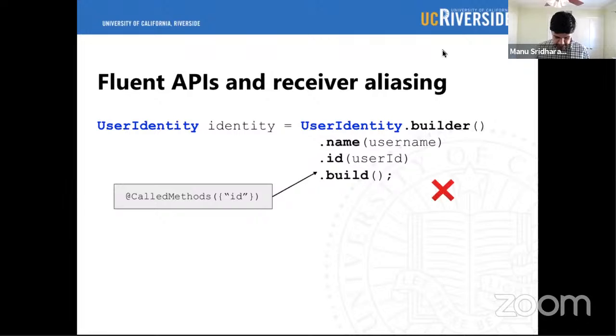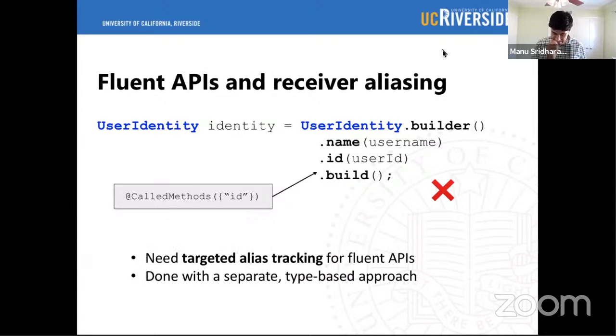And the main reason is that the tool doesn't know that the object being passed in to ID as the receiver is the same object that's being returned, right? That we're threading the same builder object through these calls so that we can accumulate all these methods on that same object. So we needed targeted alias tracking for these kind of fluent APIs. And I'm not going to get into details, but we did this with a separate type-based approach.